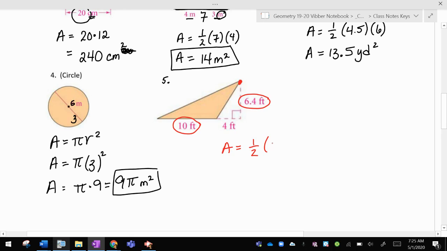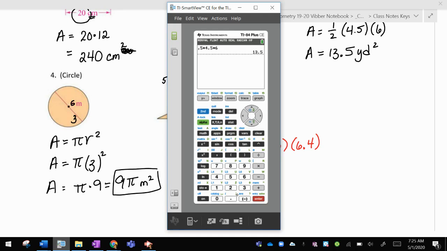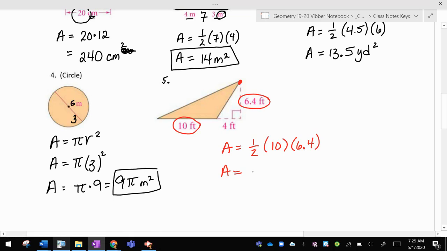So 1/2 base times height. And so that area is going to be 1/2 of 10 times 6.4. And that's 32. So 32 square feet.